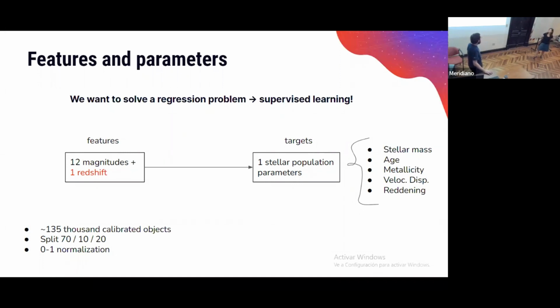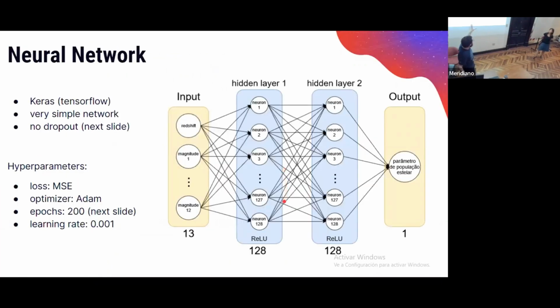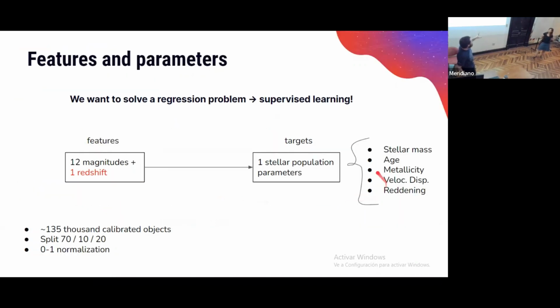I tried to predict all the parameters at the same time, but maybe for this specific architecture that I use, the complexity is so low that the results were worse than trying to predict them separately.